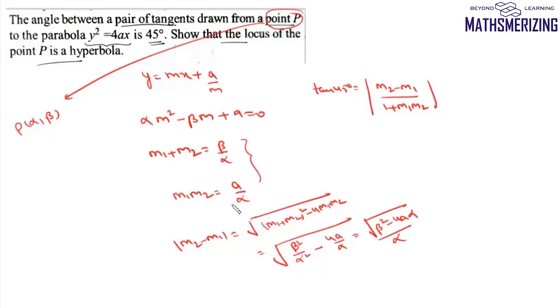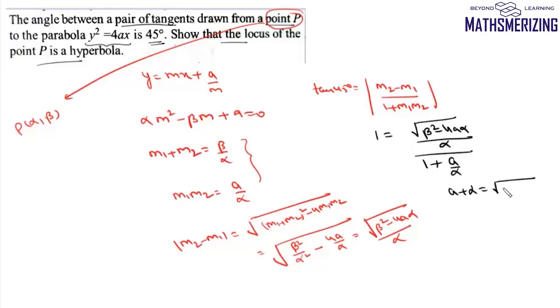So we'll just put these values. Now tan 45, it is 1. m2 minus m1 is the square root of (beta square minus 4a alpha) upon alpha, and then 1 plus what's m1 m2? m1 m2 is a upon alpha. So we can write it as a plus alpha is equal to the square root of (beta square minus 4a alpha). So now we'll square it.